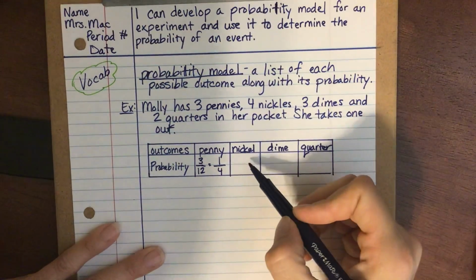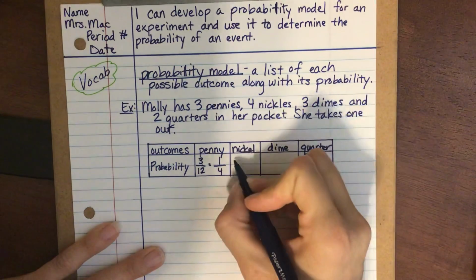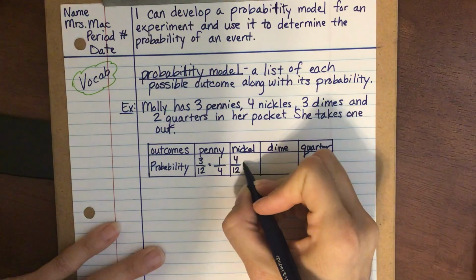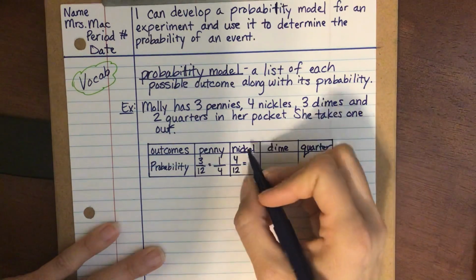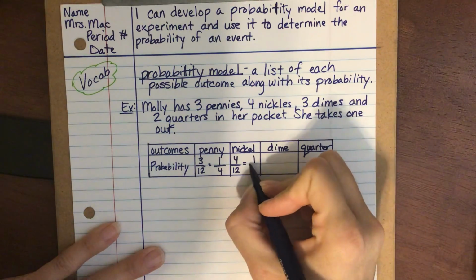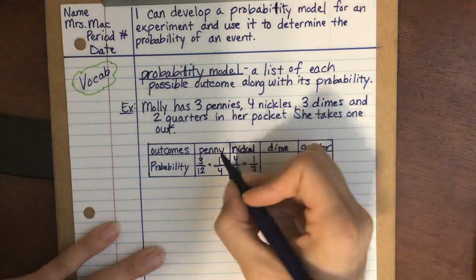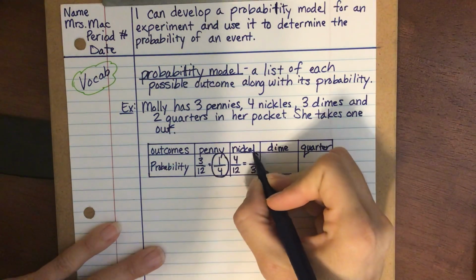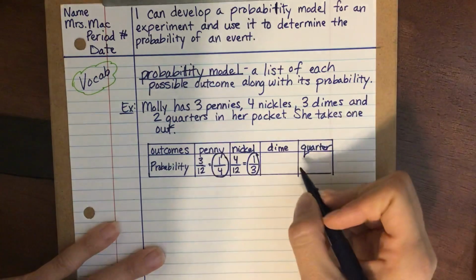Now let's look at nickels. There are 4 nickels out of 12 possible coins that you could have drawn from. So the probability of drawing a nickel when we reduce it is 1/3. So the probability of drawing a penny is 1/4, nickel is 1/3.